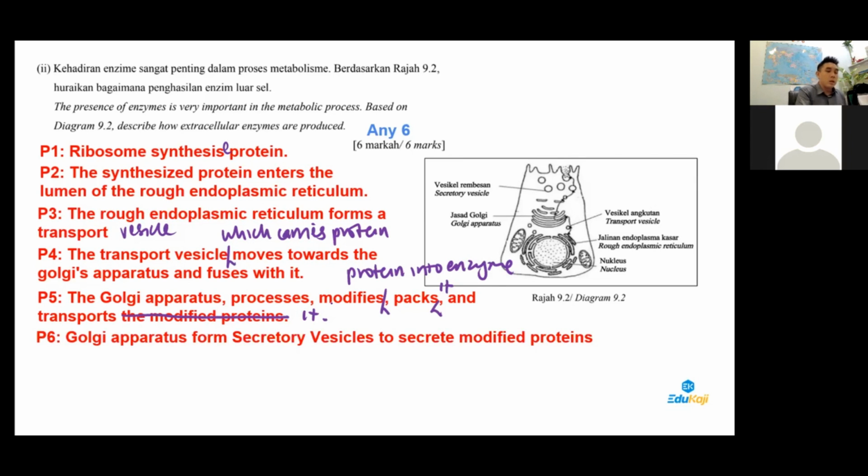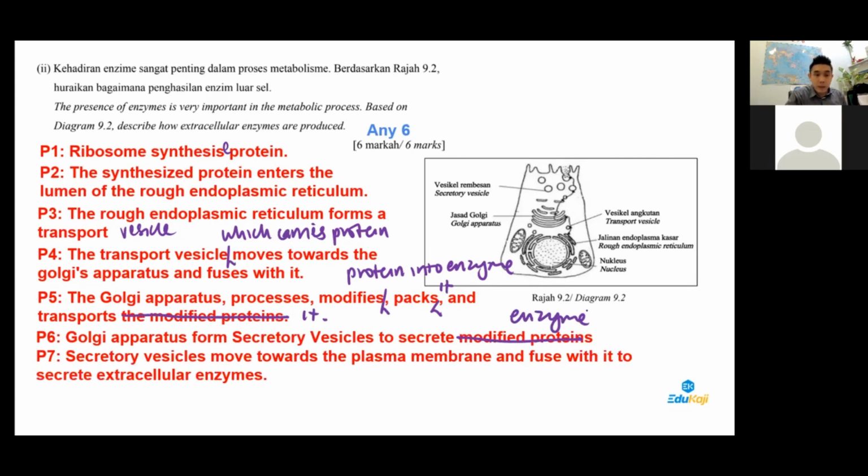So it will move to the plasma membrane to release the enzymes.